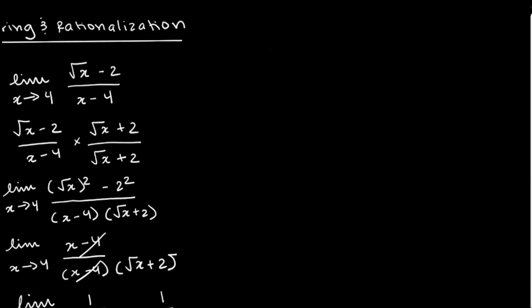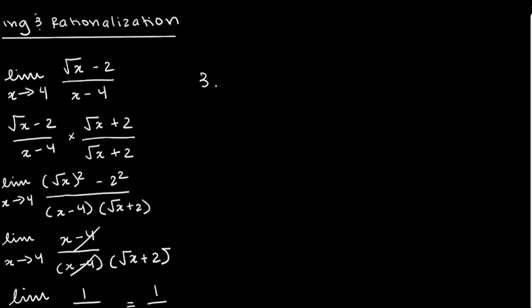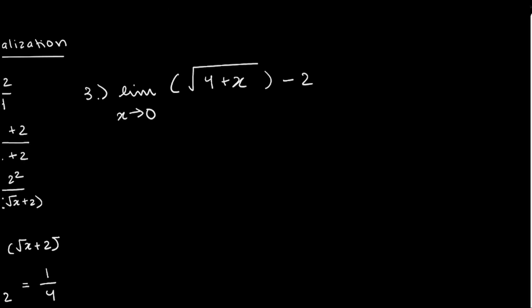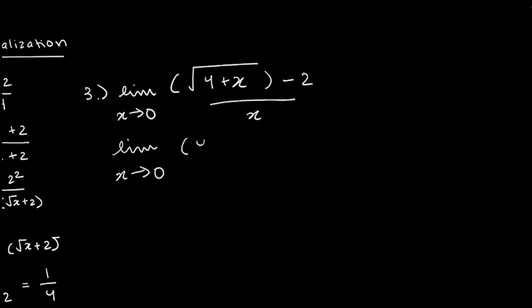So we'll take the limit as x approaches 0 of the root of 4 plus x minus 2 over x. And what we can do here is, again, same idea. We'll multiply by the conjugate. But remember, we have to multiply by 1, so it's the same thing on the numerator and the denominator.